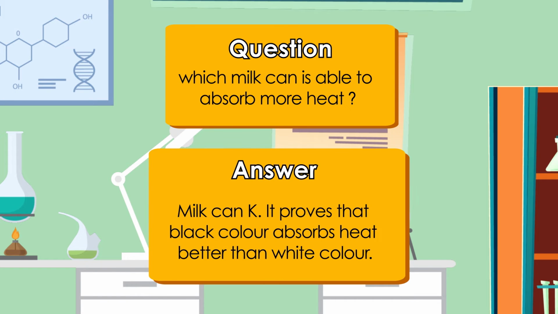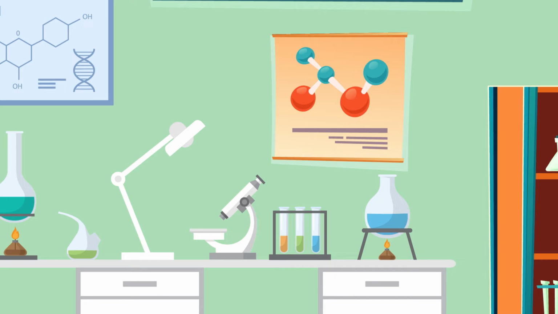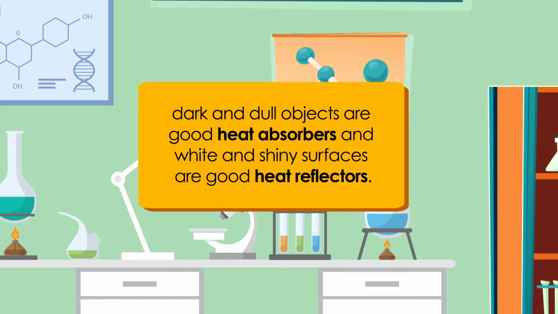Yes, the answer is can K. It proves that black color absorbs heat better than white color. So, dark and dull objects are good heat absorbers and white and shiny surfaces are good heat reflectors.